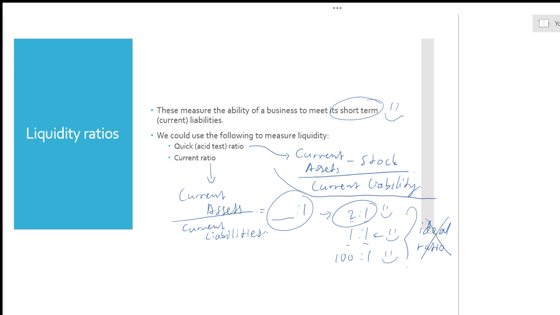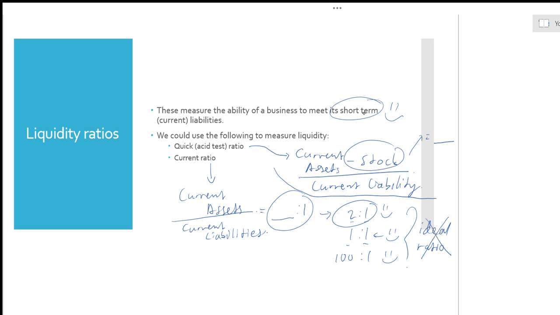The quick ratio varies a bit from the current ratio. The difference here is that we subtract stocks from the current assets, or we exclude stocks. The reason is because stocks are not as liquid as it seems. Stocks do take time to liquidate, do take time to sell, so that the business is able to recover cash, right? The way we interpret quick ratio is very similar.